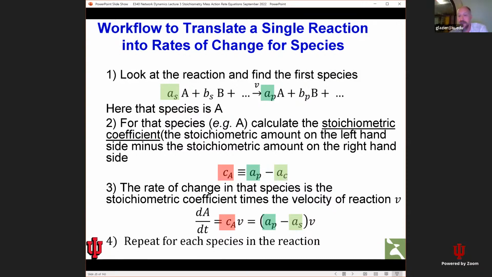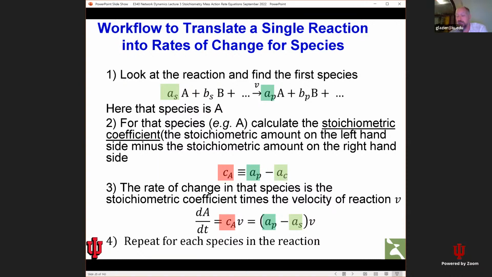We have A_S on the left-hand side, A_P on the right-hand side. S stands for substrate, P stands for product. So the stoichiometric coefficient is A_P minus A_S. I'm sorry, I had the subscript messed up. A_P minus A_S, that's C_A.